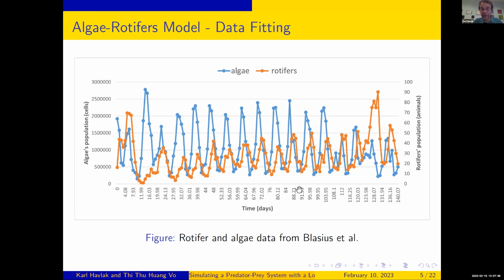At least in this particular data set, there were 10 different data sets, and we picked the one that looked most like the cyclic behavior that we were hoping to see. And you can see, even in their idealized situation, there's some chaos at the start where things are jumping around, but it does seem to settle down into the typical pattern that you'd expect from the model that we have.